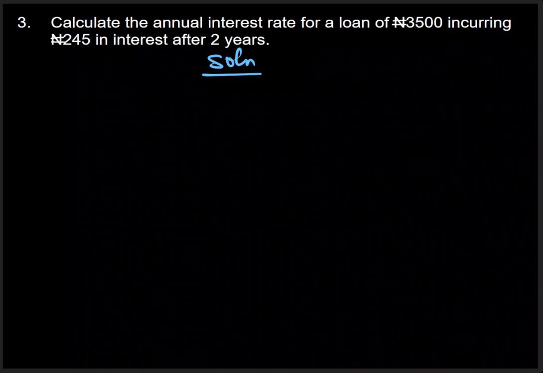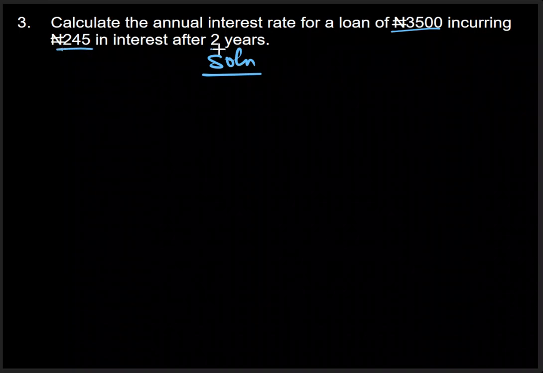And then we move to number 3. Calculate the annual interest rate. We are looking at rate now for a loan of 3,500 naira, incurring 245 naira in interest after 2 years. So this is our principal, this is our interest, this is our time.